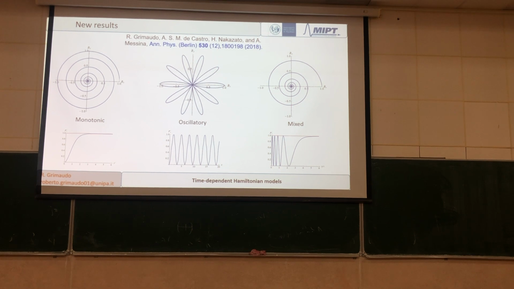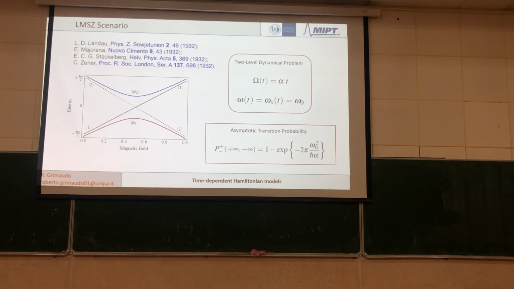So very small differences can cause a very big difference in the transition probability. If you are interested in other aspects and want to go in depth in this study, you can read the paper in which we reported such an analysis.